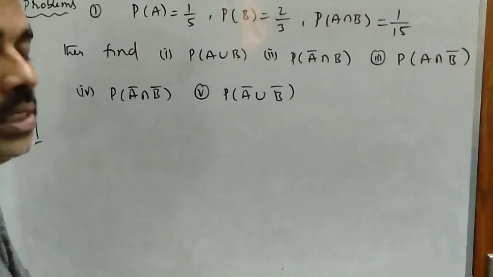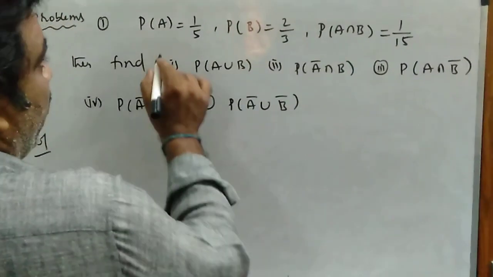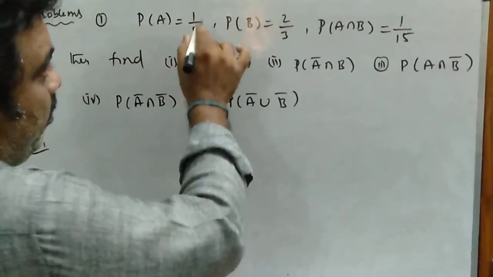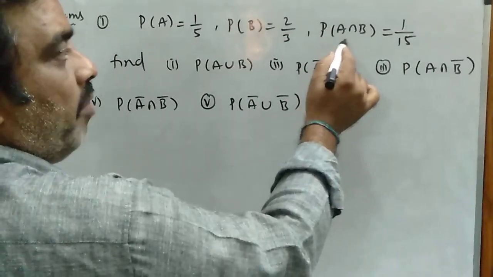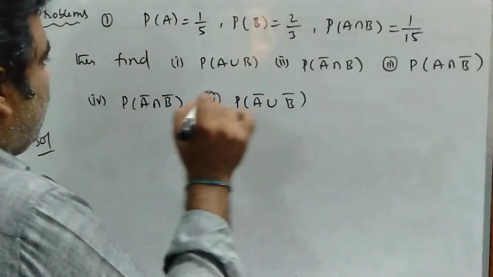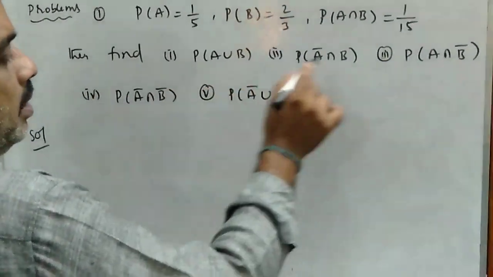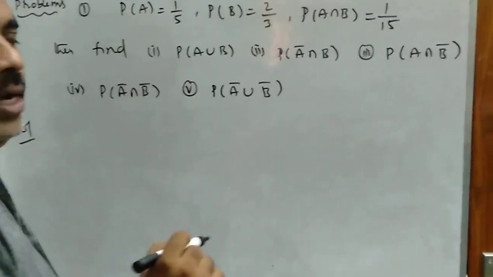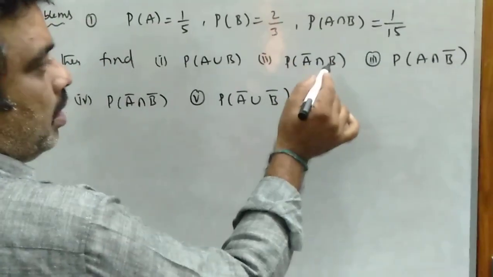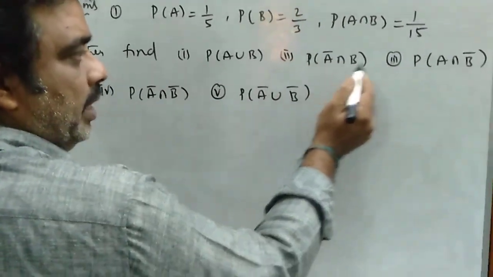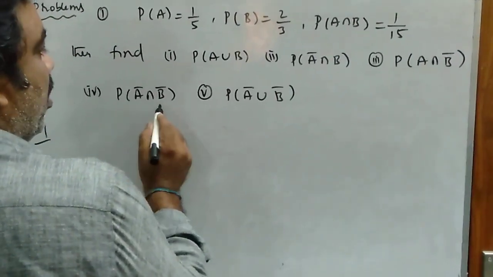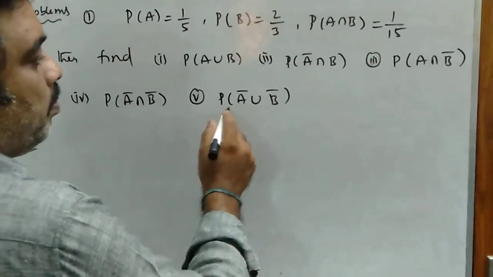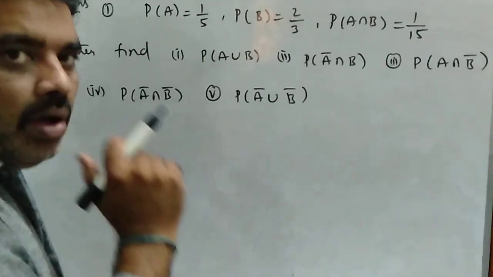Come to the problems. So given P of A is 1 by 5, P of B is 2 by 3, P of A intersection B is 1 by 15, then find the following probabilities: P of A union B, P of A bar intersection B, P of A intersection B bar, P of A bar intersection B bar, P of A bar union B bar.